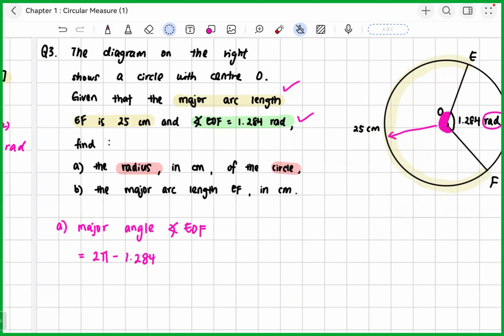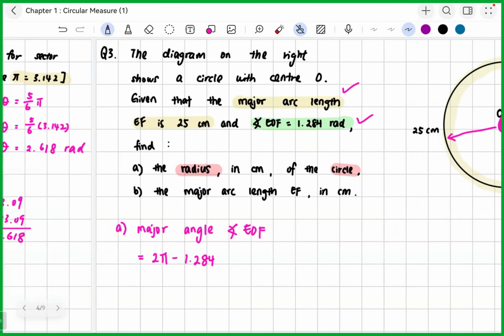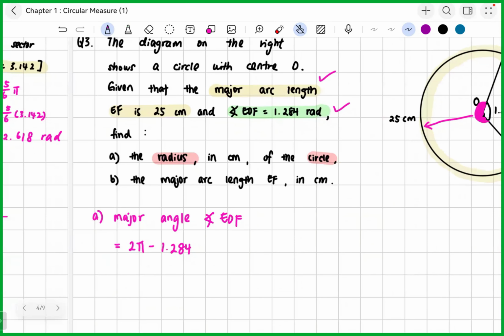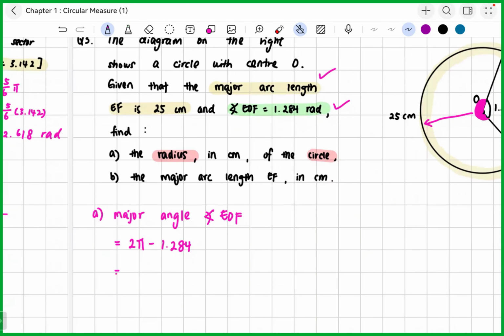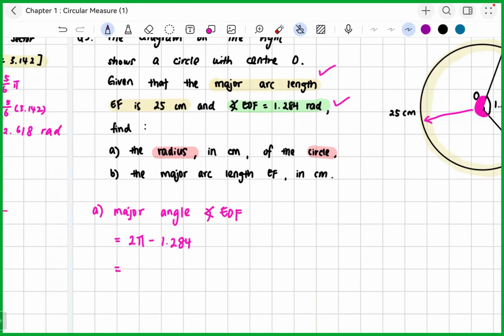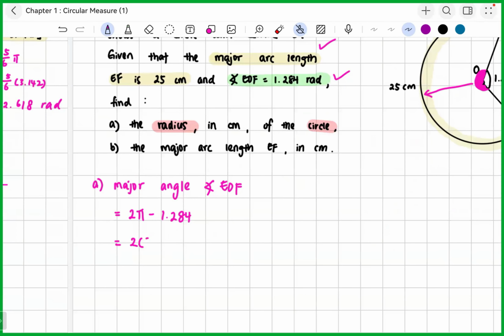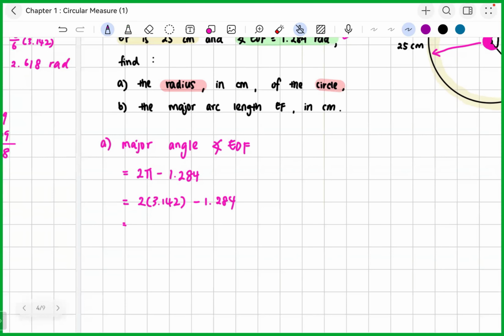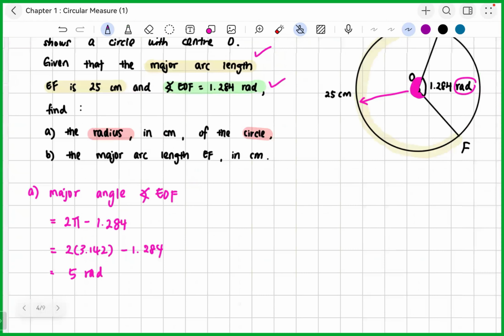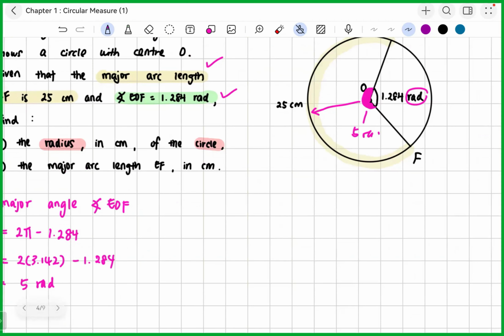For the value of pi, the question didn't mention it clearly, so we just assume that the value of pi is 3.142. Don't use 22/7, just use 3.142. So you just press the calculator to get the answer. You will get 5 rad. So basically this angle is 5 rad.